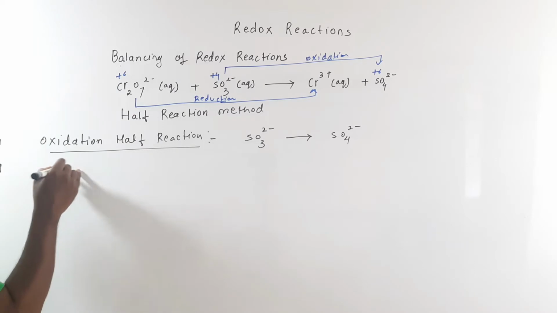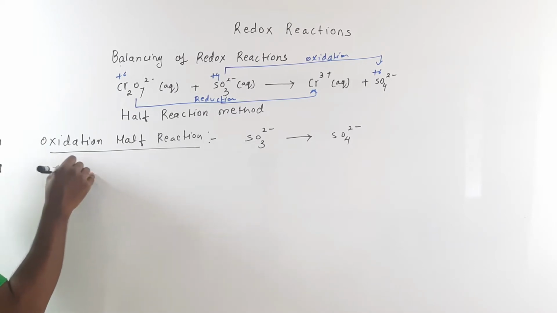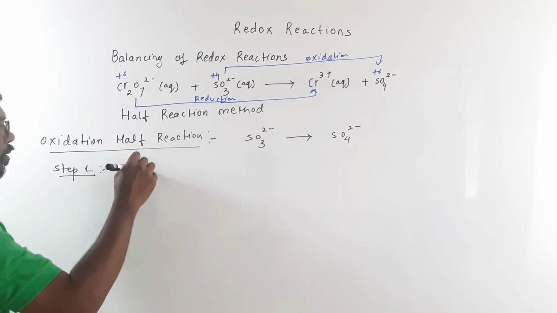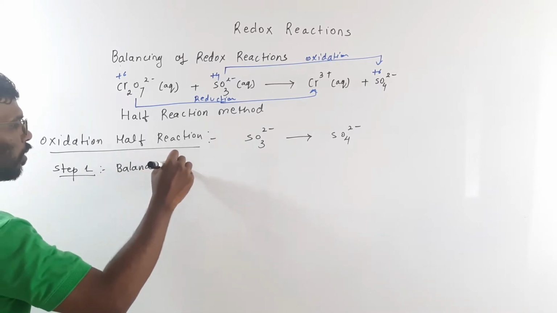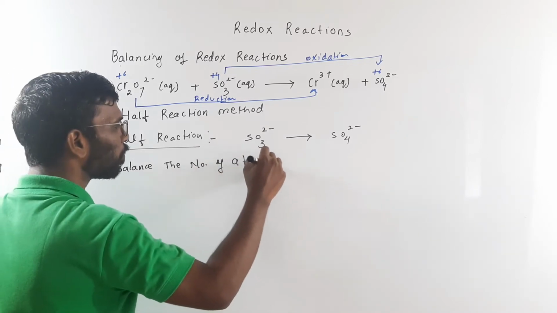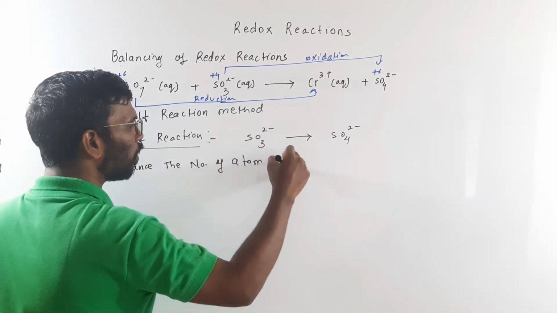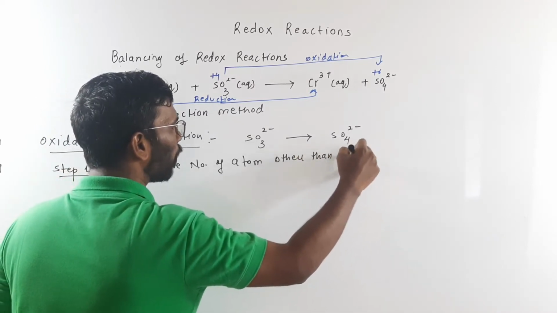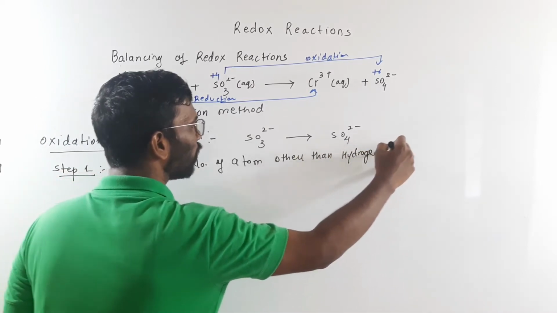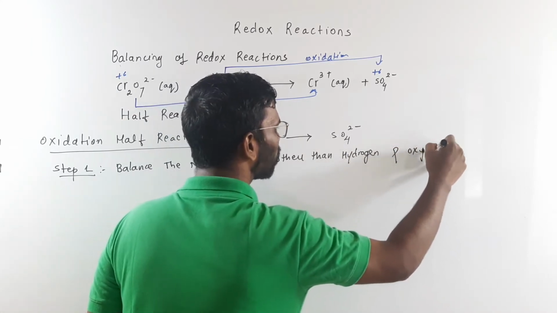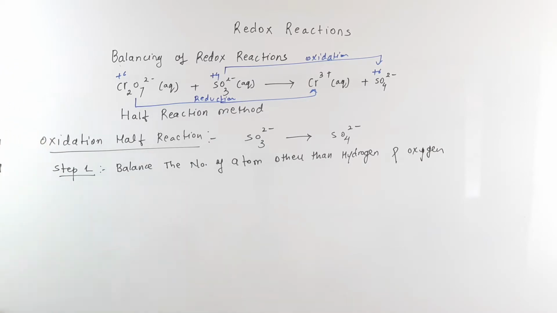Now from here, what is step 1? Step 1: balance the number of atoms other than hydrogen and oxygen. This is my first step.